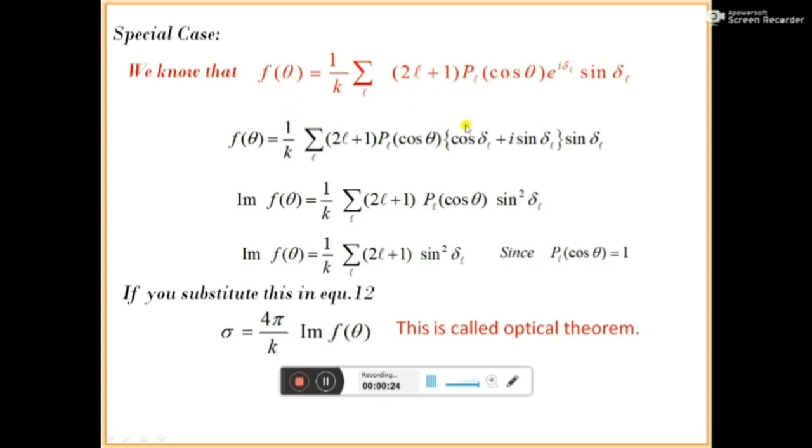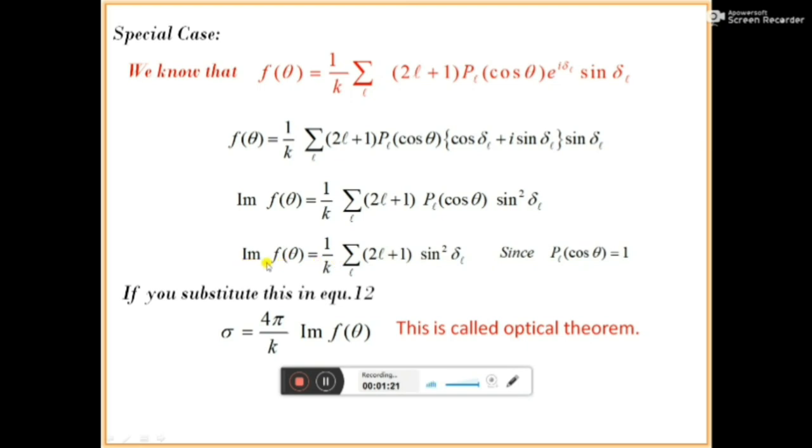Here e power I del L is written as cos del L plus I sin del L, and we find the imaginary part of f of theta from the above equation, which is nothing but the coefficient of I, equal to 1 by k, summation over L, 2L plus 1, PL of cos theta, sin square del L. Here PL of cos theta is equal to 1 for theta equal to zero. Therefore the imaginary part of f of theta is equal to 1 by k, summation over L, 2L plus 1, sin squared del L, because PL of cos theta is equal to 1.